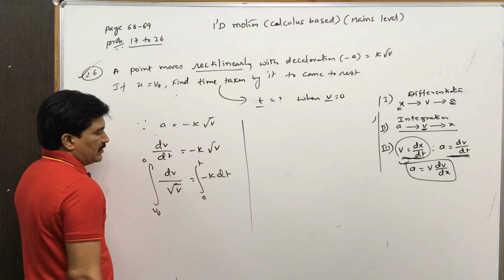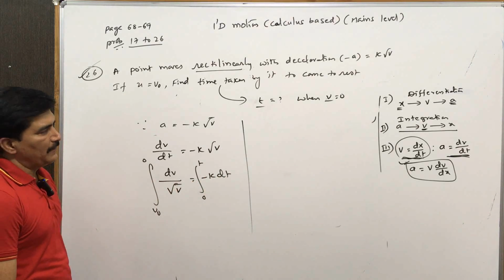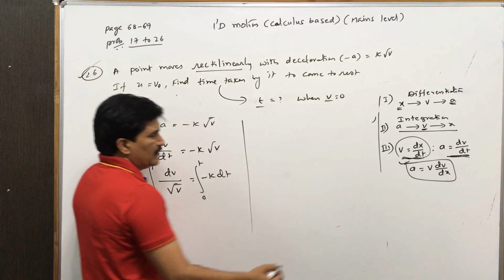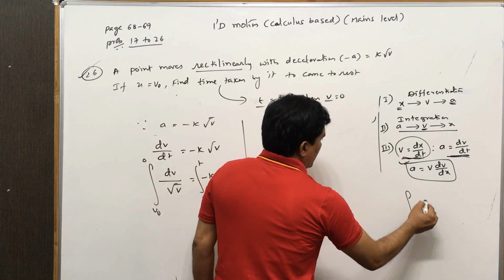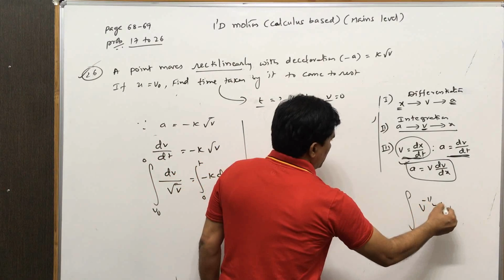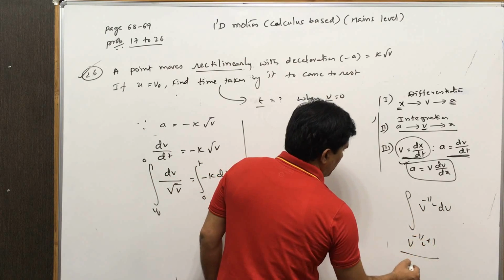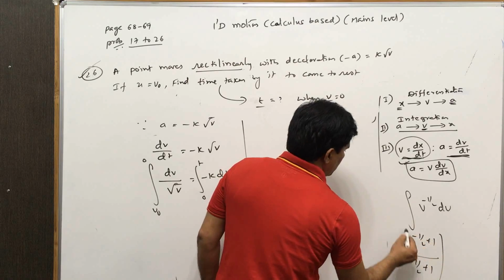Then the integral of 1 by root v is nothing but the integral of v power minus 1 by 2 dv, whose integration is v power minus 1 by 2 plus 1 upon minus 1 by 2 plus 1. Okay.